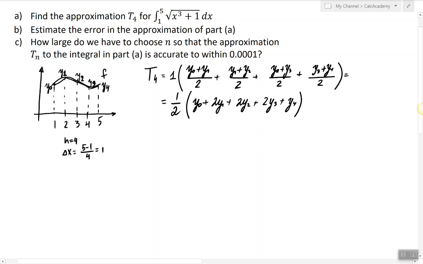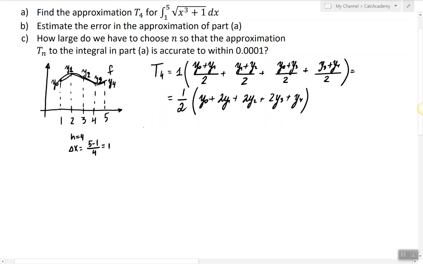So as long as we know the outputs of the function at 1, 2, 3, 4, and 5, we can plug them into this formula. So what is y0? y0 is f of 1, so it is the square root of 2.